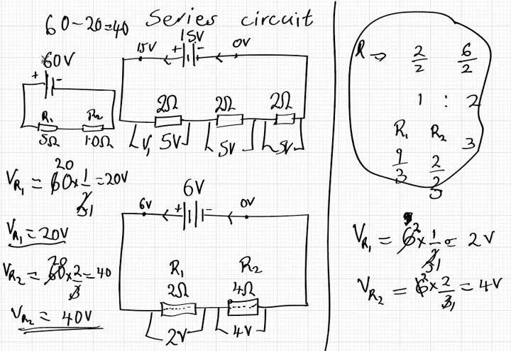So if I change the value here to whatever value I like, or even if you are told that this voltage is 100 volts, definitely you have to know the voltage here, because if this one gets 100 volts and it's 10, this one is half of this, so the same applies, the voltage will be half of this, that is 50 volts. Therefore 50 plus 100, it's 150 volts.